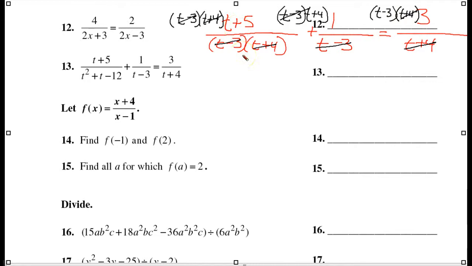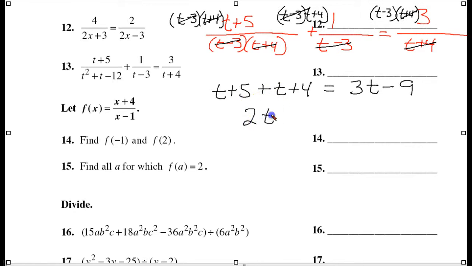So we're left with our next step. So here, this all cancels out, and now we multiply through. This is t plus 5. This is t plus 4 times 1, which is just t plus 4. I may be missing a parenthesis up in there. And then here it's t times 3 is 3t. Negative 3 times 3 is negative 9. So I group like terms.